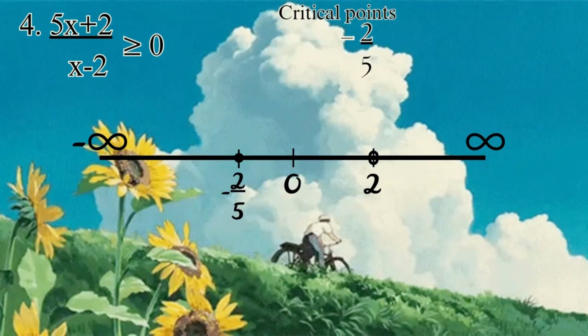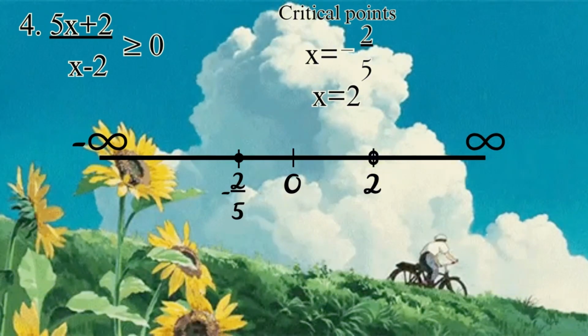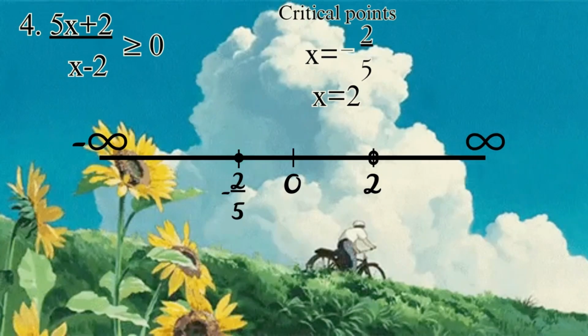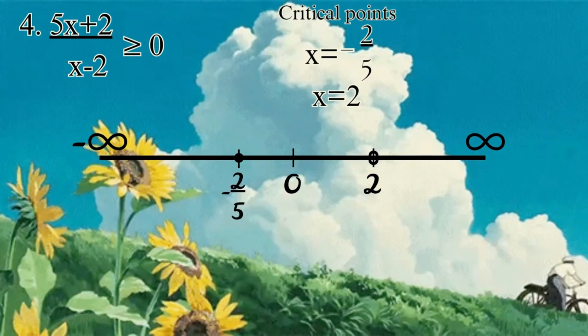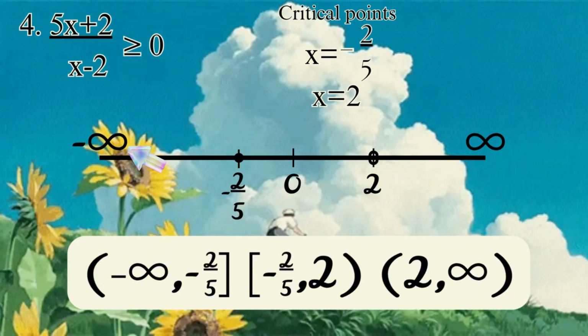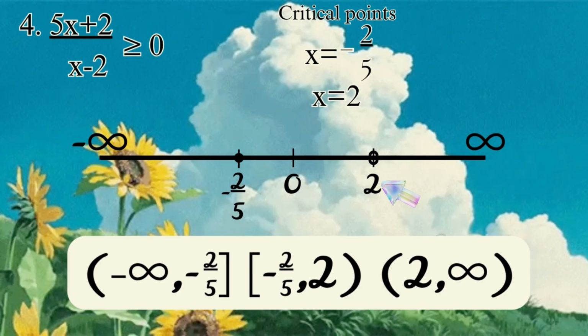The numerator negative 2 over 5 is exclusive, and for the denominator x equals 2 is exclusive. The interval notation is negative infinity and negative 2 over 5, negative 2 over 5 and 2, 2 and infinity.